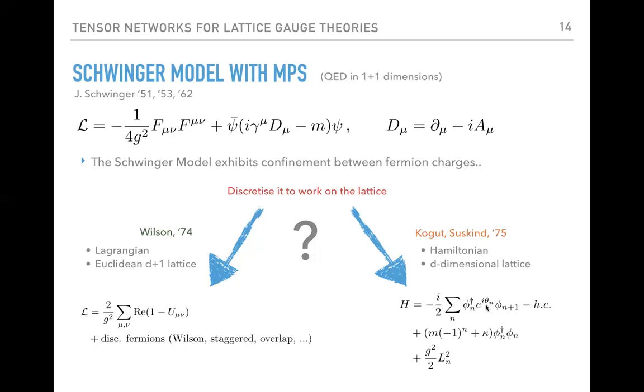The gauge degrees of freedom are split into 2 parts. You have a phase between the 2 fermion fields, and you have a pure gauge part, and these 2 quantities are conjugate to each other. Like x and p, they have commutation relations equal to i. The same way L and theta obey the same commutation relations. So it's some derived version of the canonical quantization program, and you end up with this Hamiltonian.